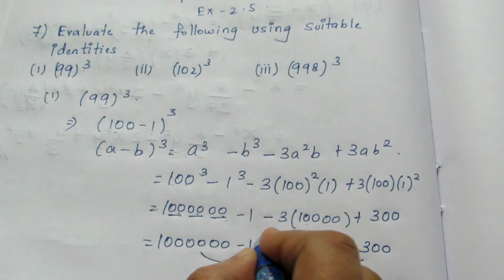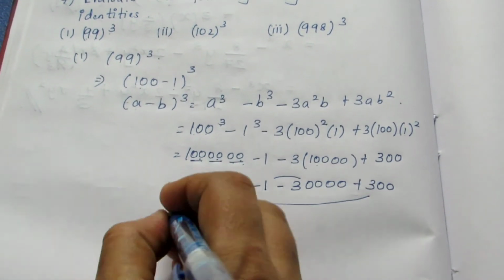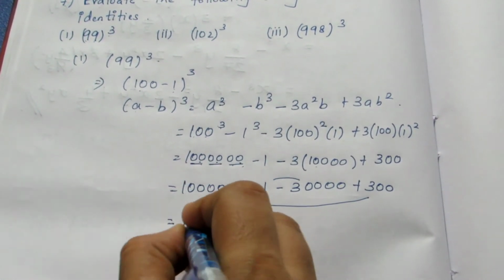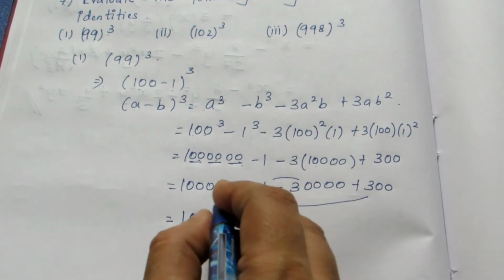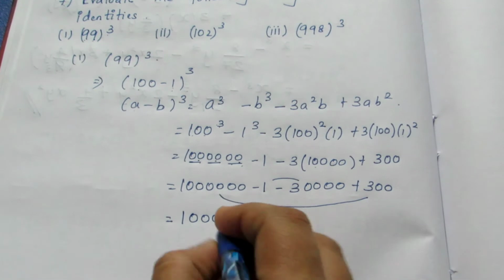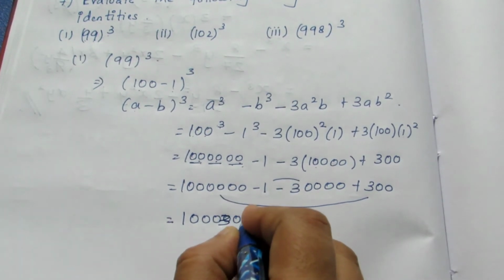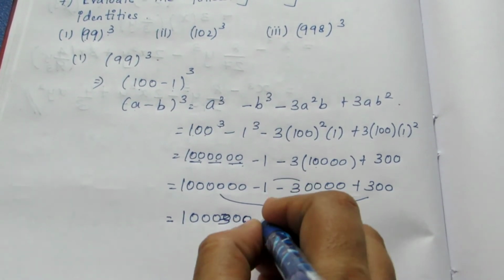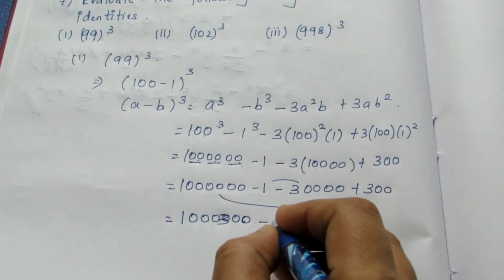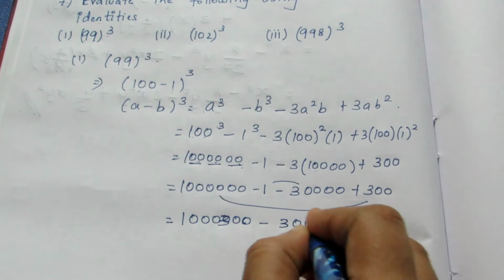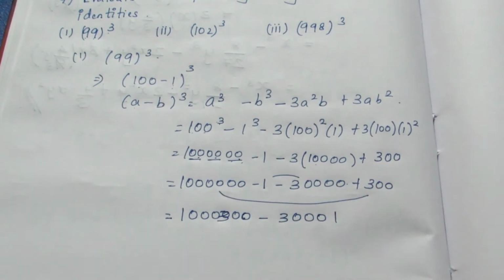This is a like term of plus and this is the like term of minus. If we solve, we get 1000000, and we need to add 3. So add 3 in the 100th column, it becomes 300. Here if we have minus, we need to add. So add and write the minus sign. Add 1 to the unit digit.